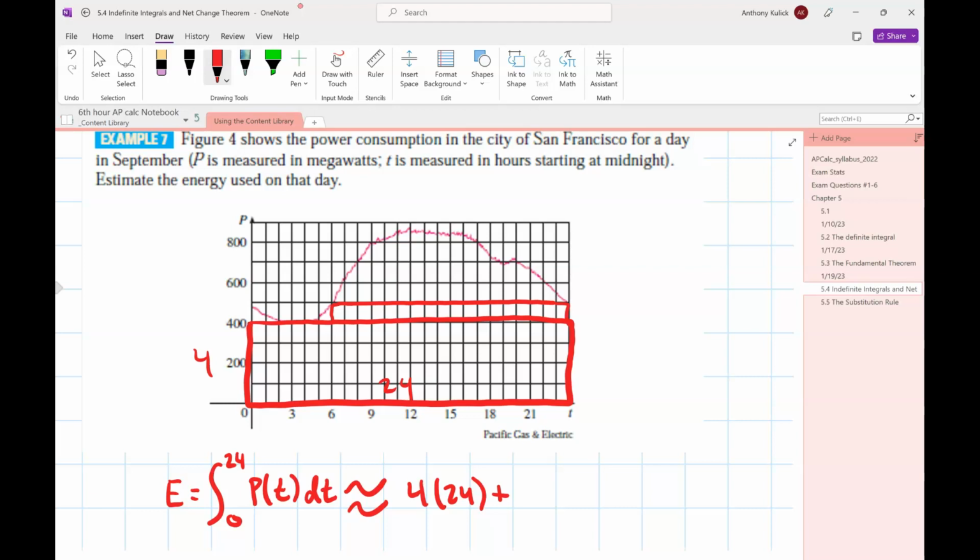One, 2, 3, 4, 5, 6. So that's 18 there. I'll do it the same way. Okay. So that is 2 less, 3 less.